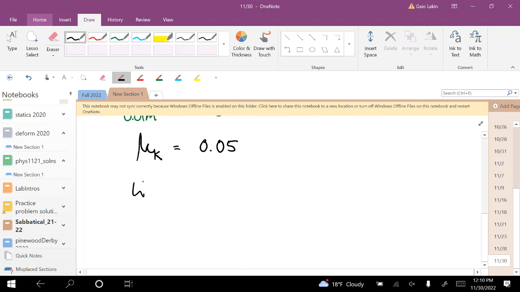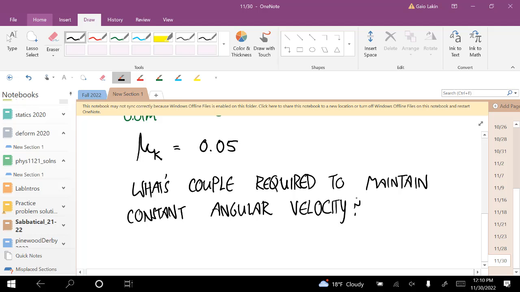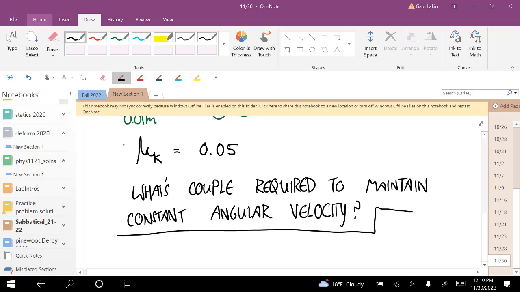And so we want to know what's the couple required to maintain a constant angular velocity. This thing's already moving, so the kinetic friction is what we want.